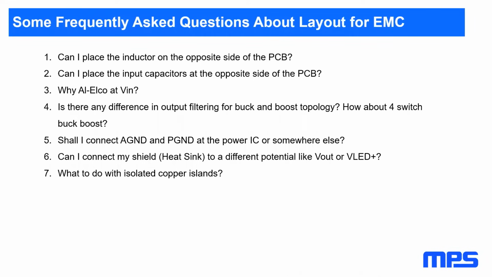Why is there an aluminum Elco at VIN? The aluminum Elco at the input has two purposes. One is to damp and stabilize the input node. Damping is needed because input capacitors are purely ceramic with low ESR, and together with the input filter inductors they form an LC tank circuit that tends to ring at steps and could lead to an overvoltage condition.